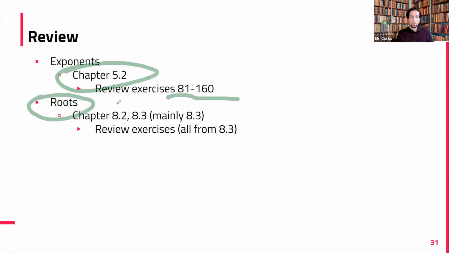And then roots, I don't know why, but our textbook has them separately, they're in here, chapter 8.2, 8.3. And then there are a whole bunch of review questions here that you can do. You don't need to do all the review questions, but do the ones that are harder for you, the ones about rules that you sort of forgot, and then figure those out.